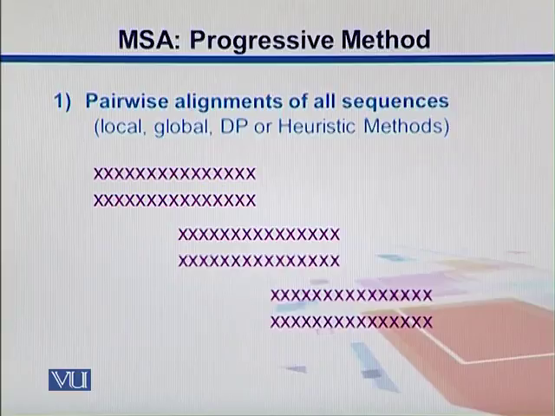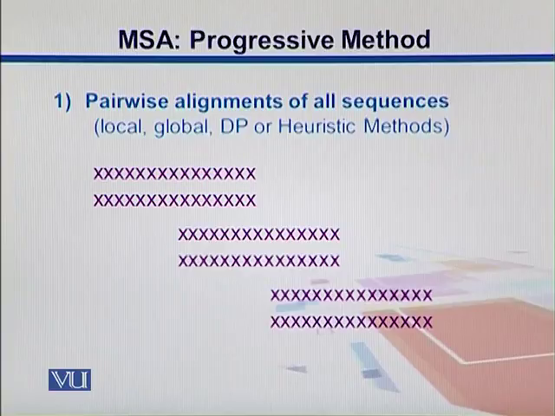If you're looking for motifs or patterns, then that is a scenario where you will use local alignments. If you're doing global problems, where you are aligning whole genes with one another, then you would do global alignment.